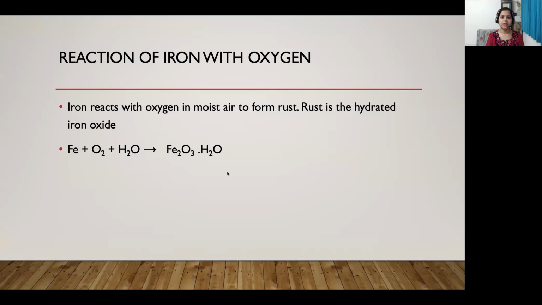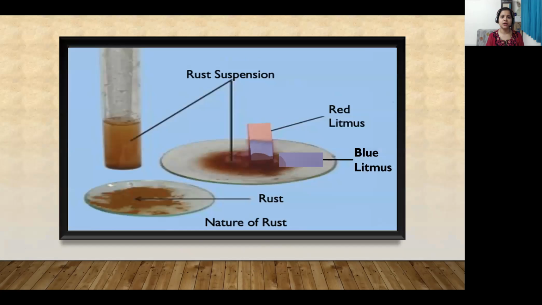In order to understand the nature of the rust or hydrated iron oxide, you can collect some of the rust in a plate, then add some water into it, then shake it properly to form a solution, and collect some of the suspended rust in a petri dish. Then bring one red litmus paper and a blue litmus paper and dip it into the solution.